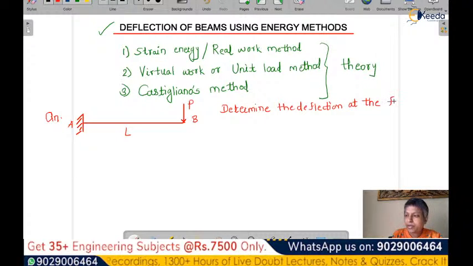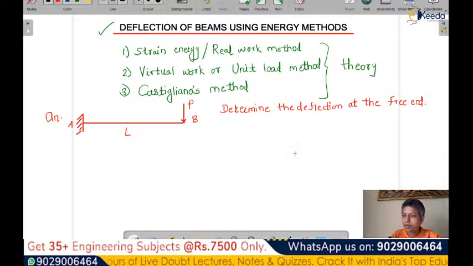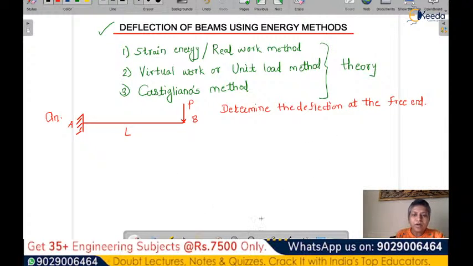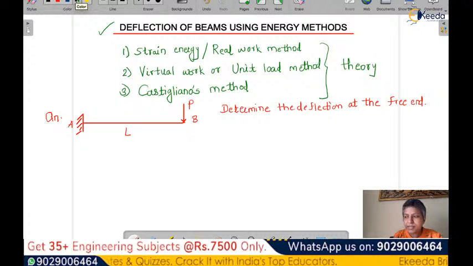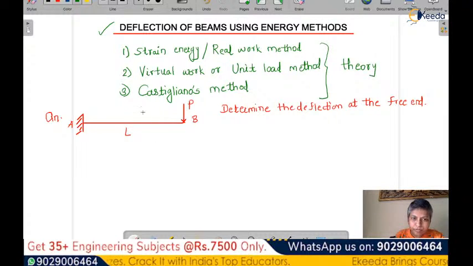Now how do we solve it? We start by considering any distance x from the free end.